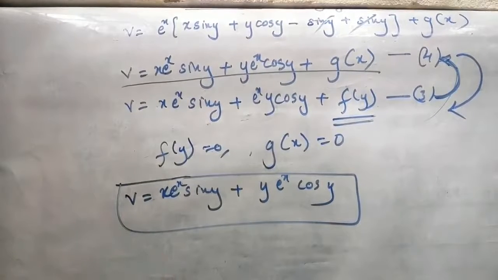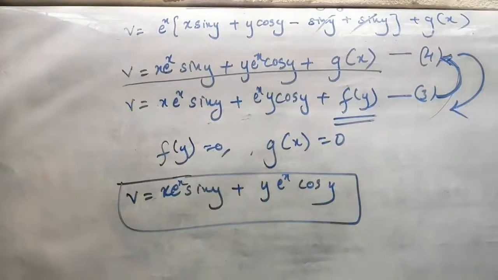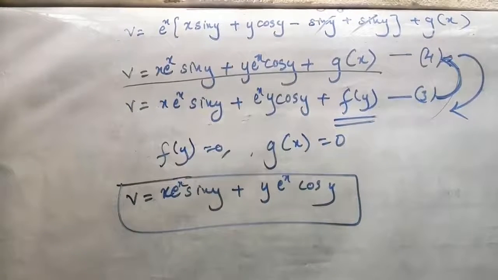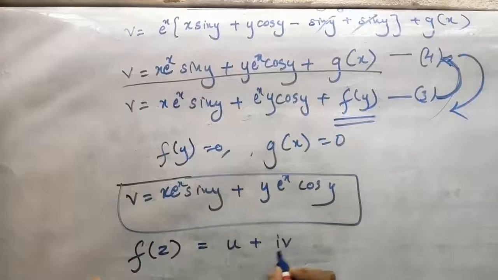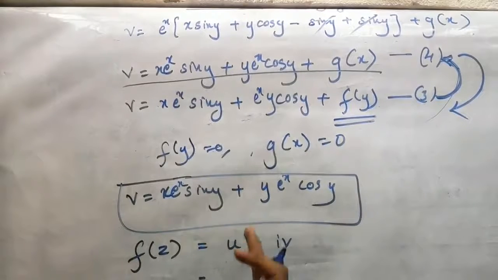Now, let us construct the analytical function f of z. To construct that, you just have to consider f of z is equal to u plus iv. You had got your u already, which was given in the question itself. V you have found already, substitute, and you get your analytical function. So what was our u?